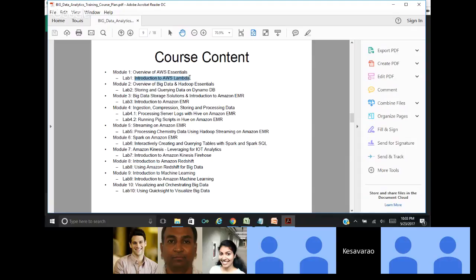For the introduction, you need to know what Lambda is and how it works, especially in the AWS environment, because this is the whole and soul of AWS, the revolutionary function actually. I don't have any slides to explain what Lambda is, but we are going straight to the exercise, so you'll know what exactly it is.